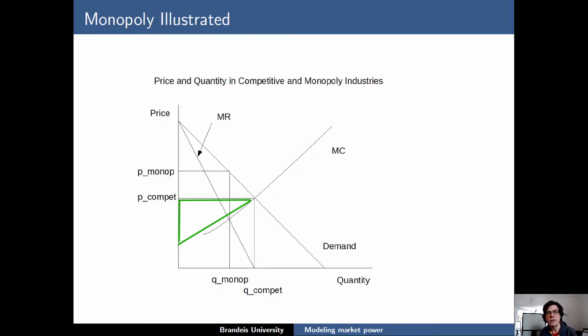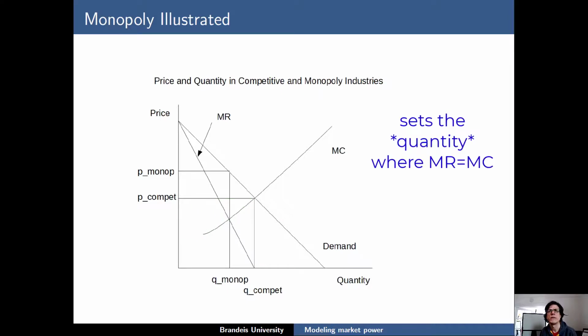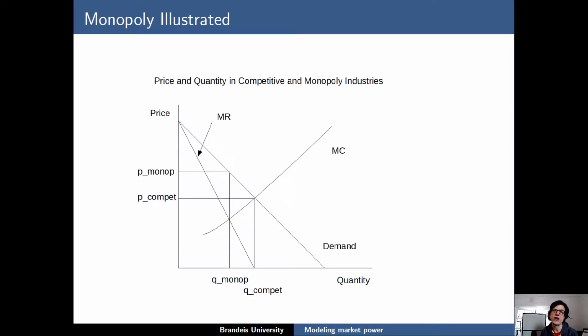Now, as a monopolist, the monopolist prices where marginal revenue equals marginal cost. And one of the nice things about a demand curve that's linear, like this one, is that we know the marginal revenue curve is actually the same line with just twice the slope. So it's just steeper than the demand curve. So it will always be under the demand curve.